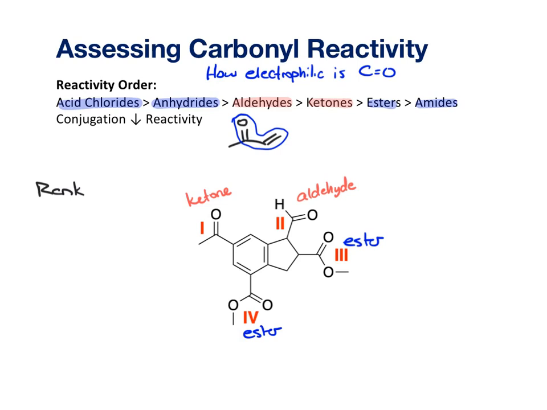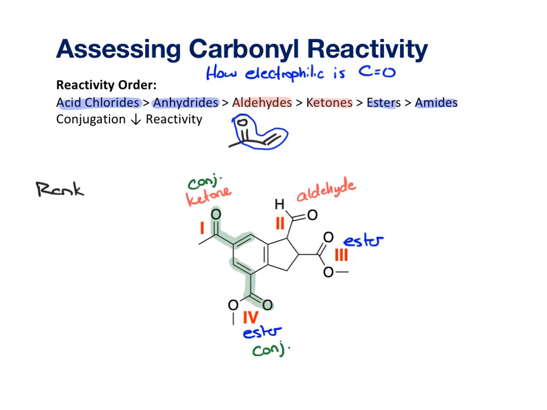Then look and see which of these are involved in conjugation. This ketone is conjugated with the aromatic ring. This ester is conjugated with the aromatic ring. So let's make a note. That's conjugated. That's conjugated. Now if we look at these in relation to our reactivity order, the most reactive one on the list that we have in this molecule is the aldehyde.